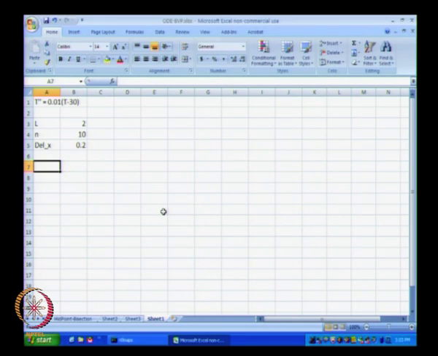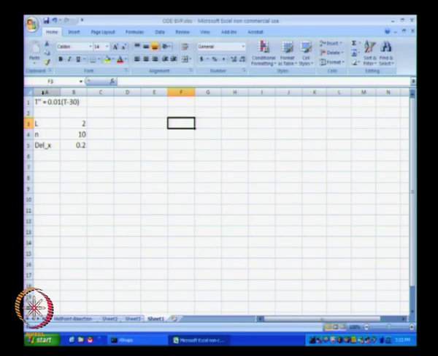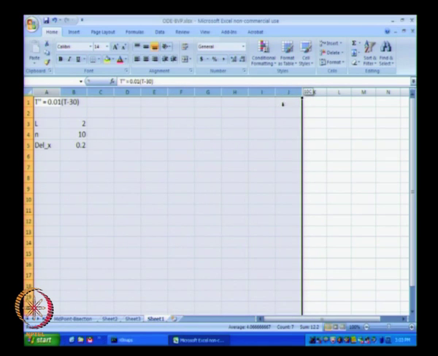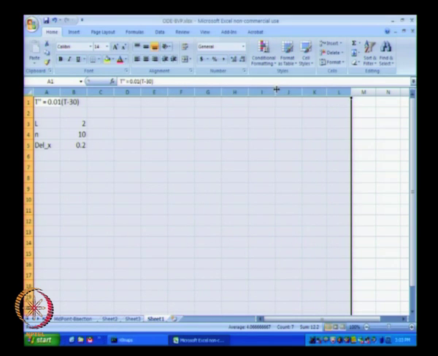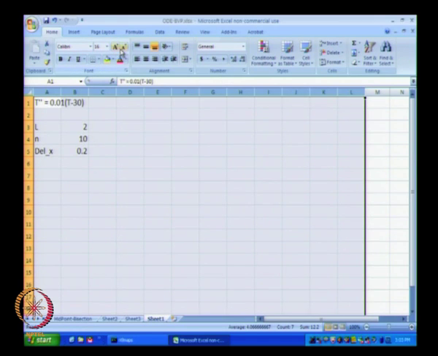When we say that we have n equal to 10, it basically means that the matrix A is an 11 by 11 dimensional matrix and matrix B will be another 11 by 1 dimensional vector. So we will need all of them. Let us just increase the font sizes.